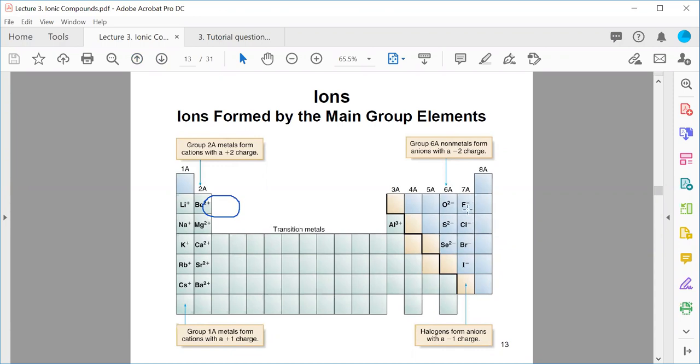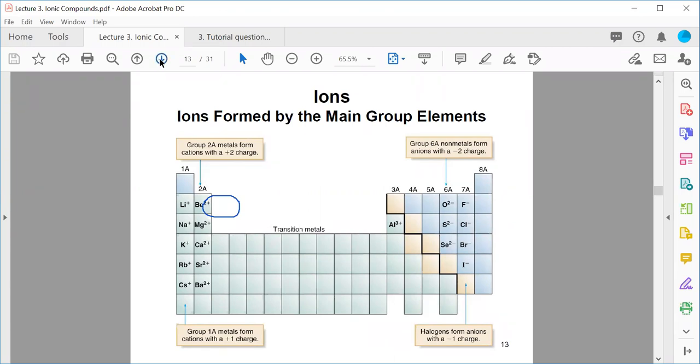We know that it forms a negative charge because it's a non-metal, and we know the magnitude of that charge because it belongs to group 7A. In other words, 8 take away 7 equals 1.